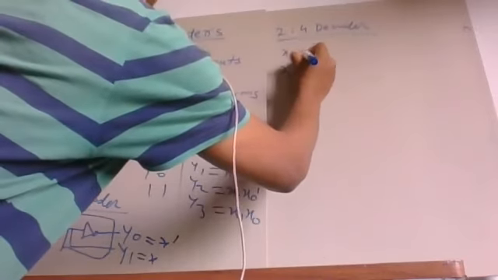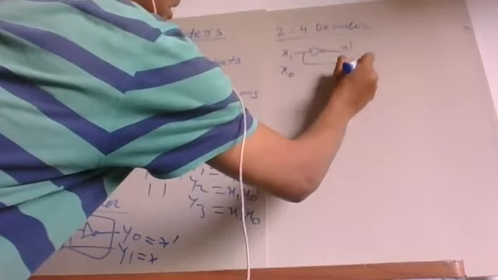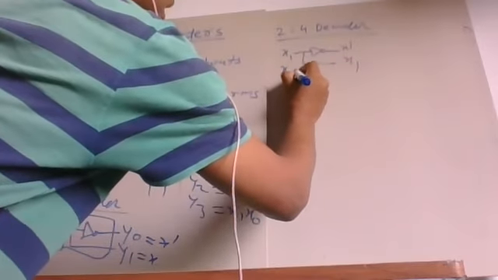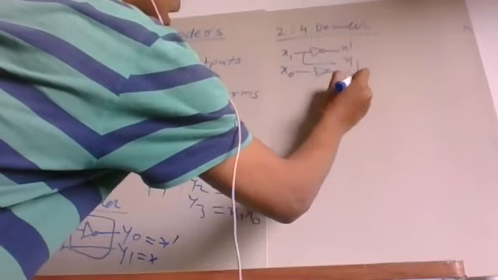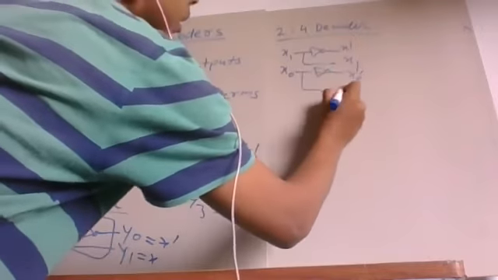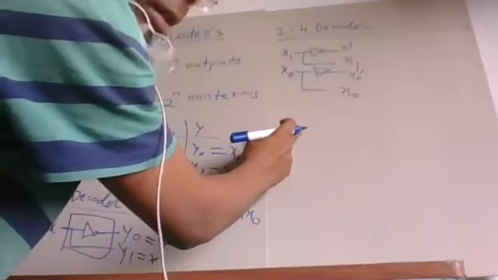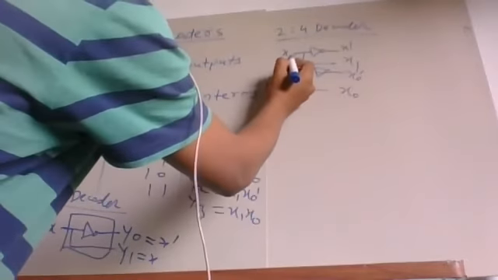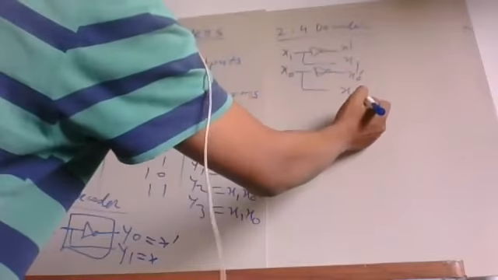From x1 we can create the NOT, this is x1 dash, another is x1. Similarly, from x0 we can create x0 dash, another is x0. So using x1 and x0, we can generate these four input variables.